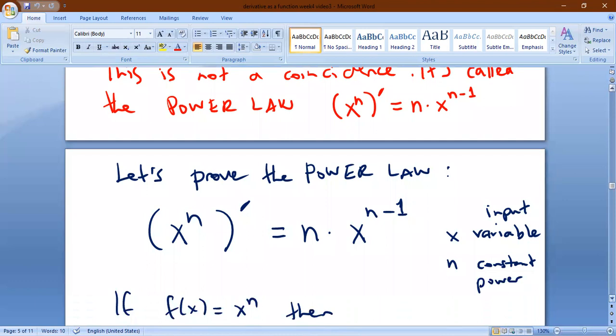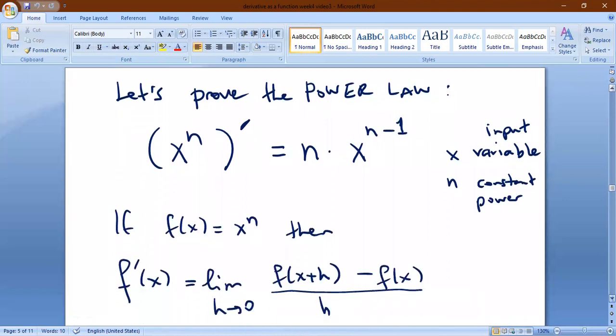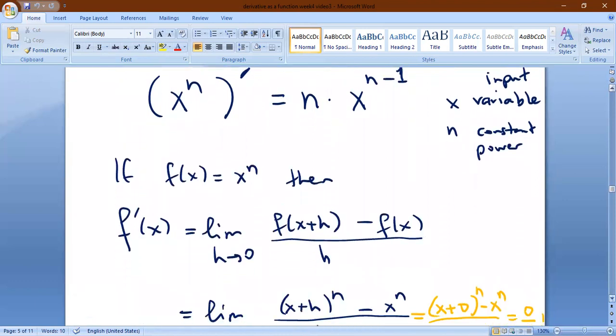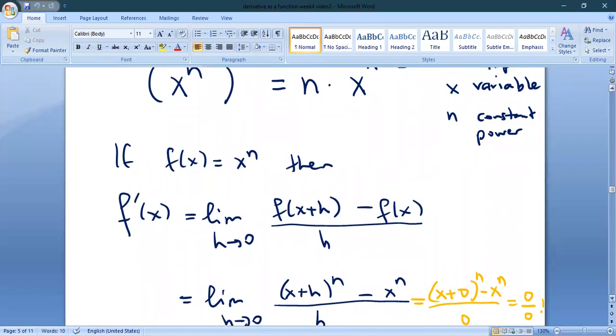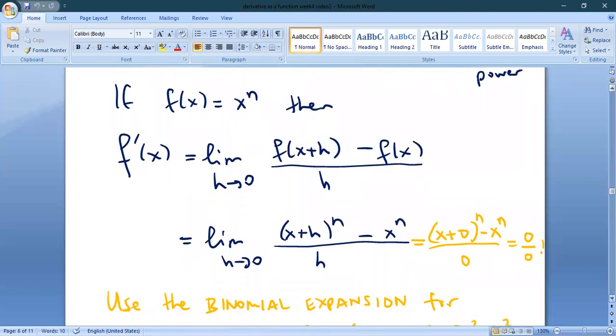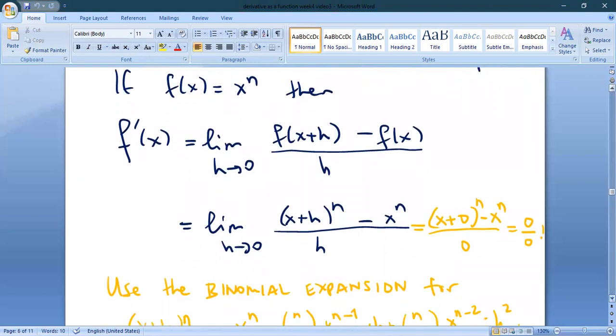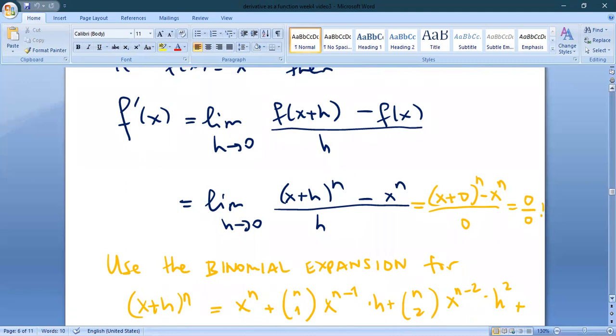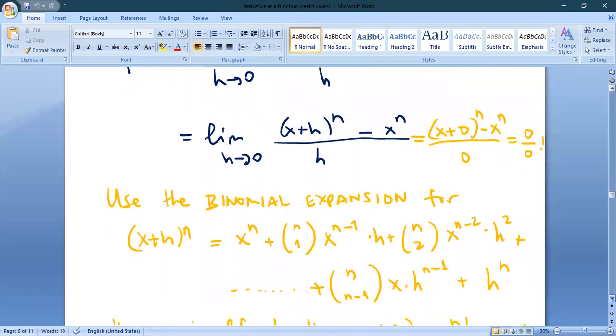So if you wanted to prove the power law, when n is an integer, let's say we have x to the n, and if we apply the limit definition of derivative, we are going to have this expression here. So if we take the limit as h goes to 0, it's going to give 0 over 0. So we need to expand x plus h to the n, and then simplify that with minus x to the n, and then also simplify with the h on the bottom in this order.